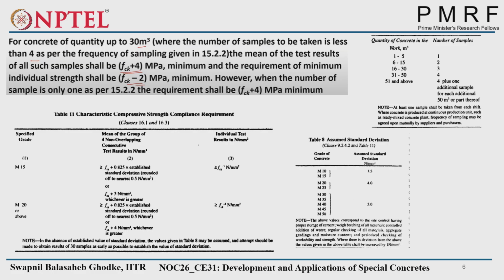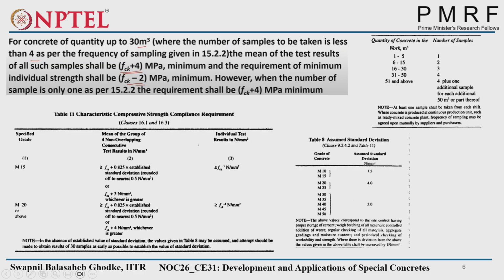Sometimes it's very difficult to have the standard deviation at the site, so the code has also given some standard deviation values based on the grade of concrete. For M10 to M15, we can use the standard deviation value 3.5. Suppose we are casting concrete M15: 15 plus 0.825 into 3.5, whatever value we get, and FCK plus 3. Whichever is greater, that one only we have to consider for the acceptance criteria.